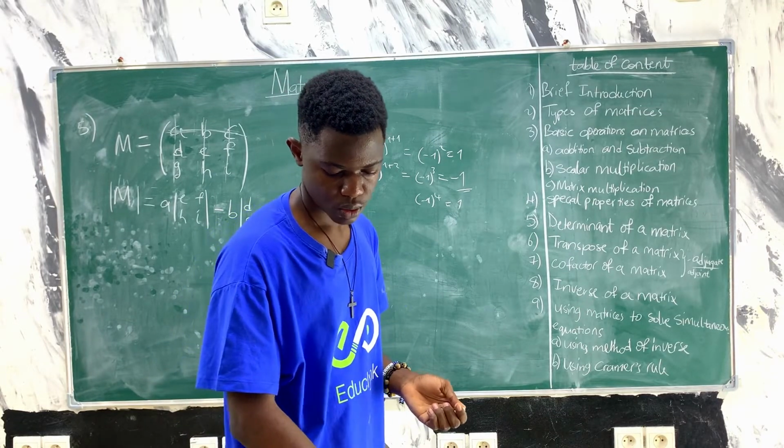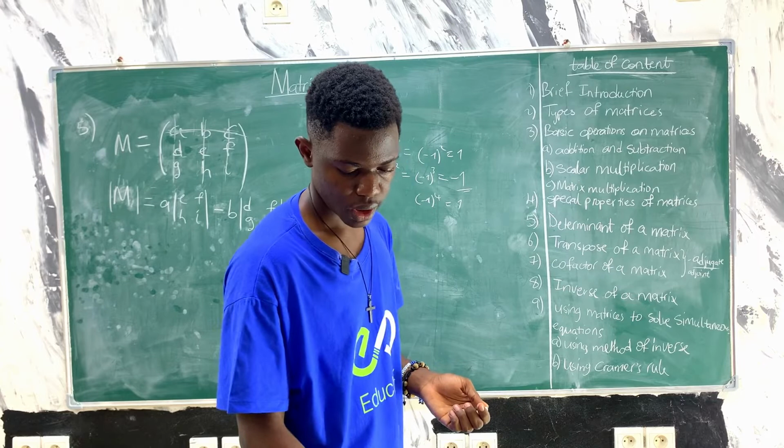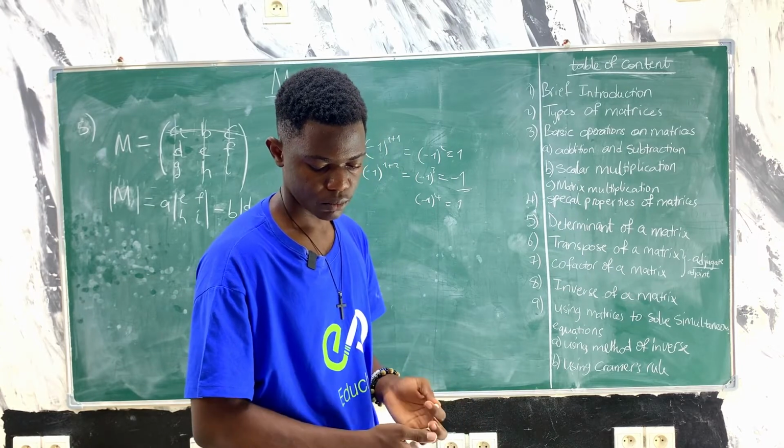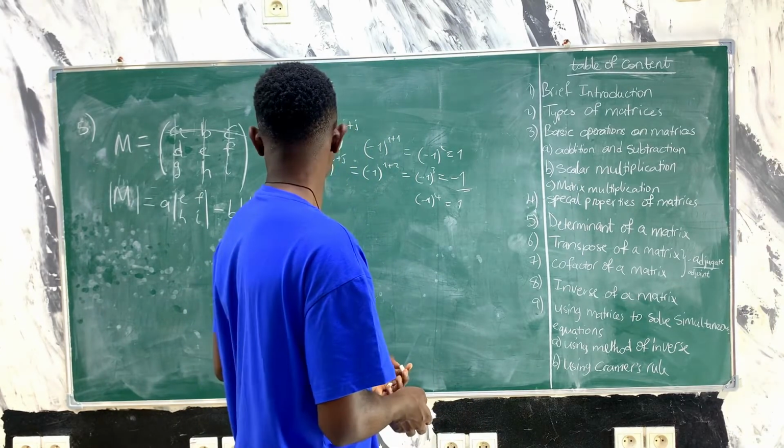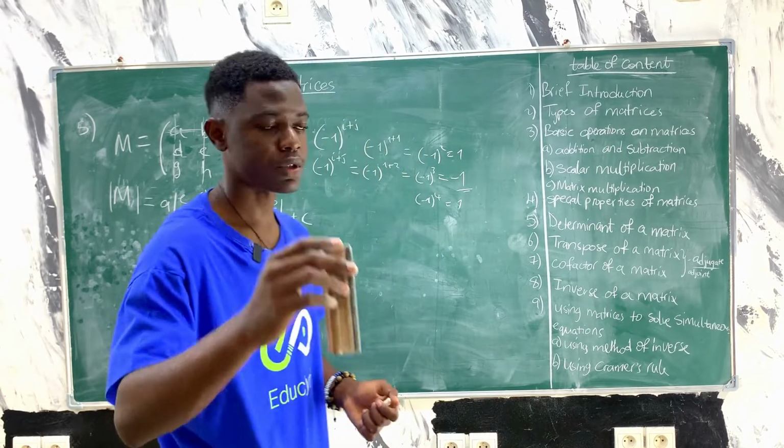So that is how you find the determinant of a 3 by 3 matrix.